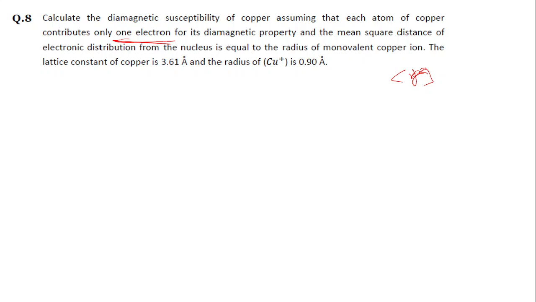The lattice constant of copper is given, and the radius of the copper ion is 0.90 angstrom. We need to find out the diamagnetic susceptibility.